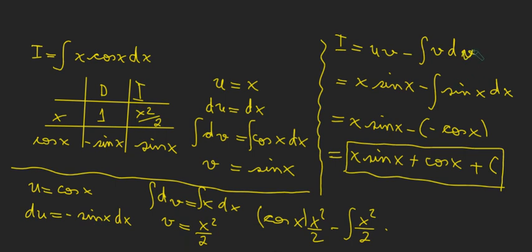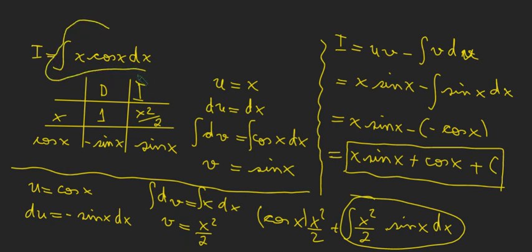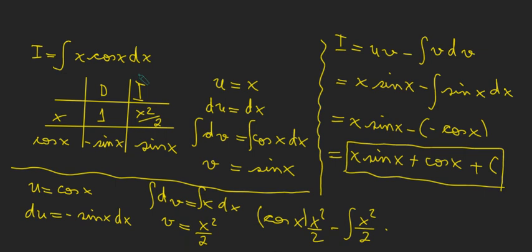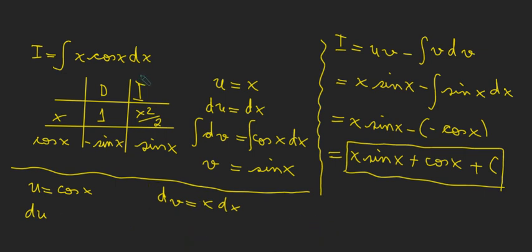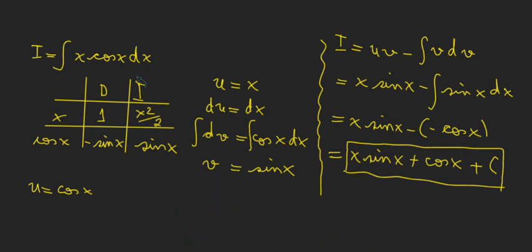Excuse me, here is du, which is minus sine dx, and with this minus here it will be positive sine of x dx. See that we have got a more complicated expression than the original integral. So the right decision makes a difference in computing integrals by parts.